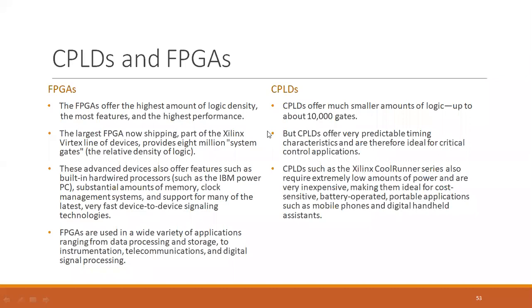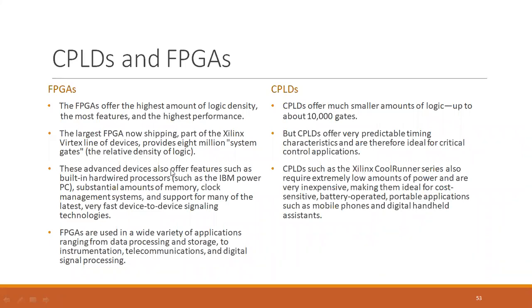There is one device called the Xilinx Virtex line of devices, which has approximately 8 million system gates, that is, 8 crore, 80 lakh gates in a single chip. But the number of logic gates in a CPLD is very limited.